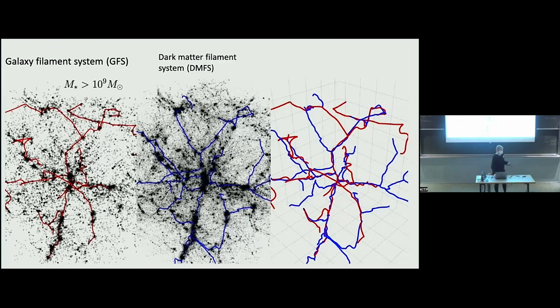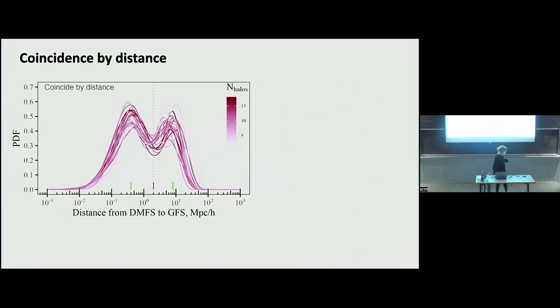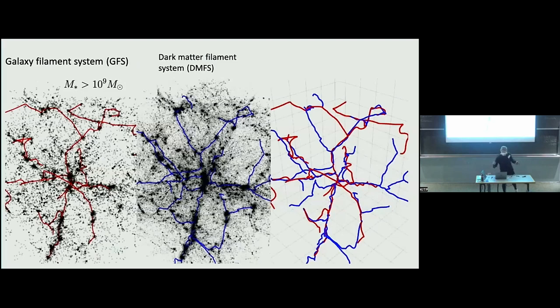We tried to measure it, to compare somehow between cubes and see how we can improve the coincidence of the filament systems. We use several metrics, but I would like to discuss the simplest one. We measure the distance between two skeletons, between the red one and the blue one. We are just trying to find the closest part of the filaments of the other skeleton.